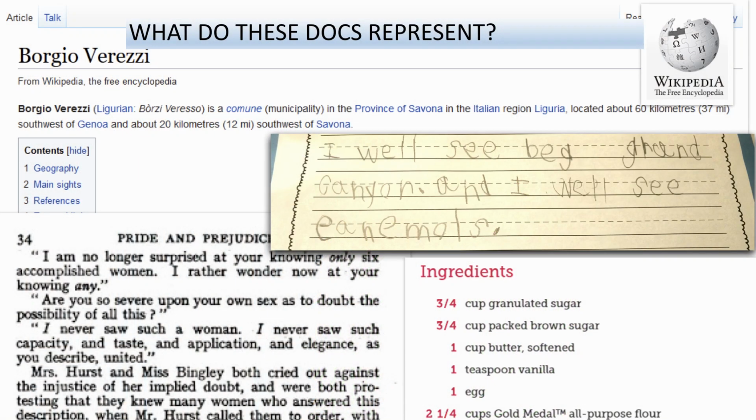For instance, here we have fiction from Jane Austen, Pride and Prejudice. Then we have a Wikipedia article, a beginning of a cookie recipe, and a writing exercise that my 7-year-old son wrote when we were living in Arizona. They are all valid texts, but they are at the same time different because they aim at doing different things.